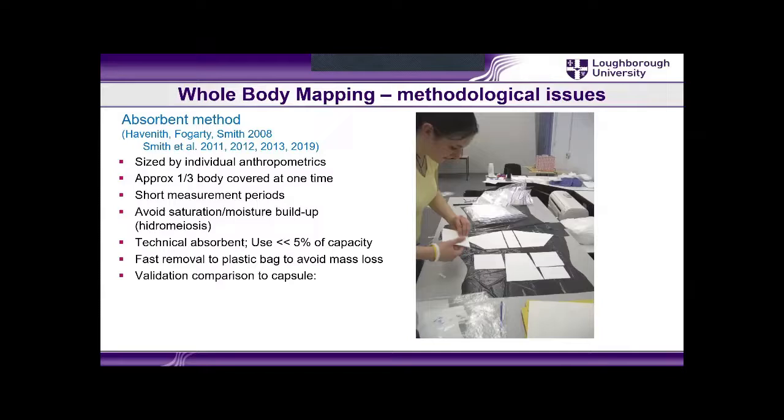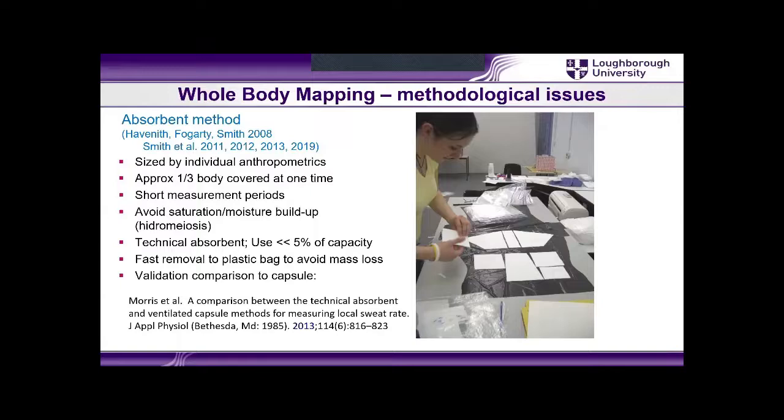So fortunately, also later after this study, there was some validation in comparing this to the sweat capsule, and that's a good read from Nathan Morris, who published that in 2013 in JAP. And he compared sweat patches with the ventilated capsule, and he found really good relations between the two data.